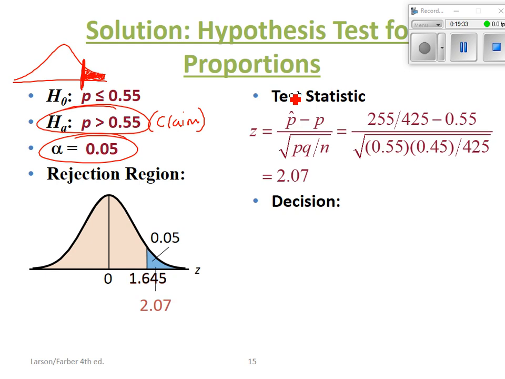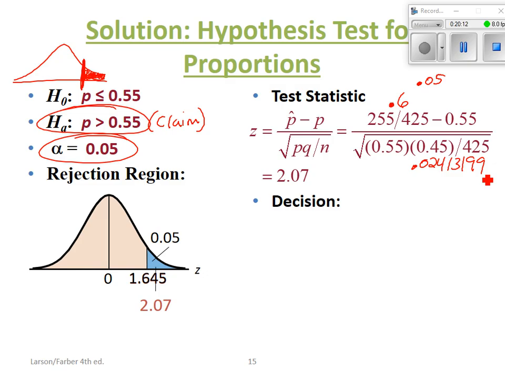We found p hat. P hat here was 0.6. So we do 0.6 minus 0.55, which is 0.05. That's on top. Then on bottom, I punch all that into my calculator: square root of 0.55 times 0.45 divided by 425, and I get 0.02413199.